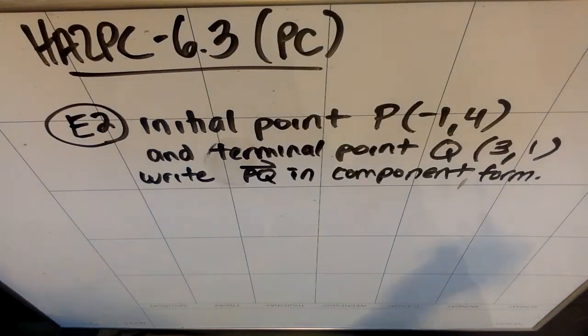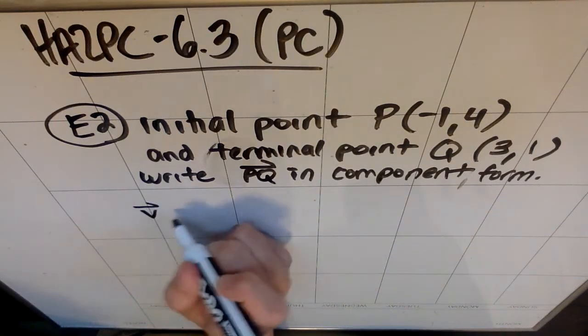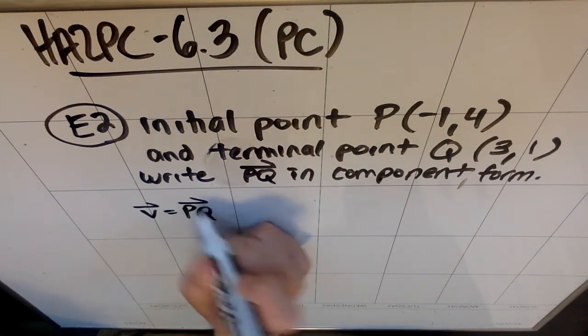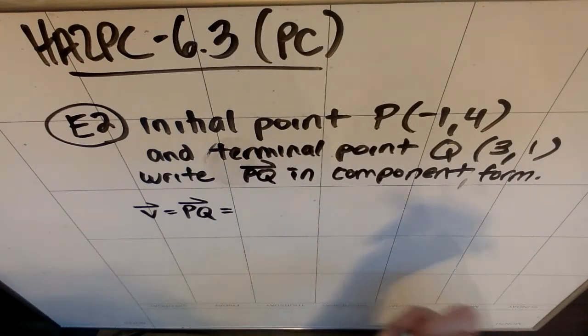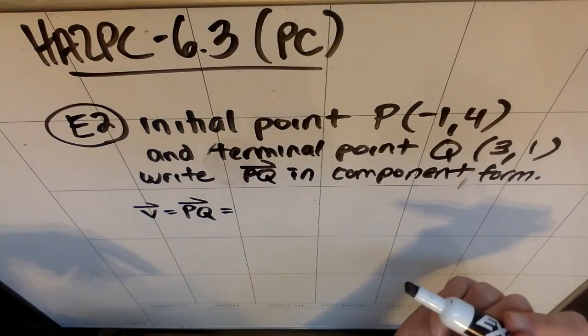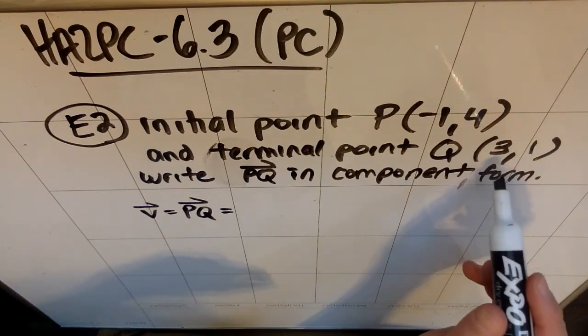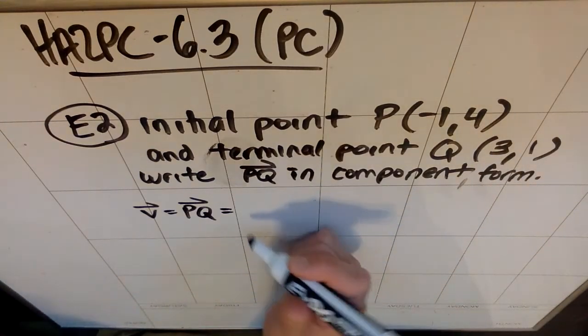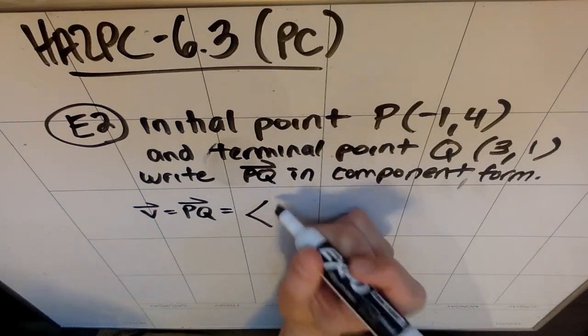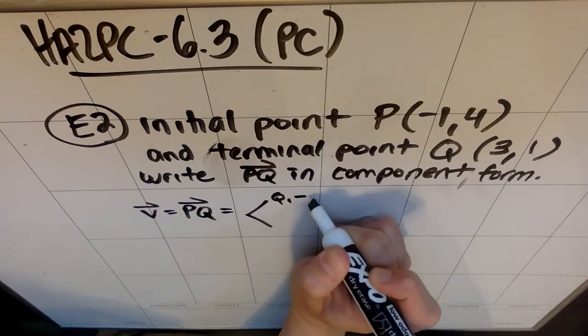So if we picture what's happening with a vector, right? If we want to write some vector v to be that PQ, essentially what's happening is, in order to find the horizontal component, we take the final ending x position and we subtract the starting position. So I'm essentially going to take my q1 minus my p1.